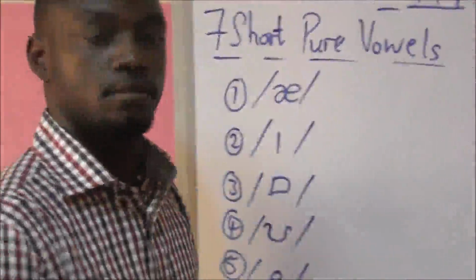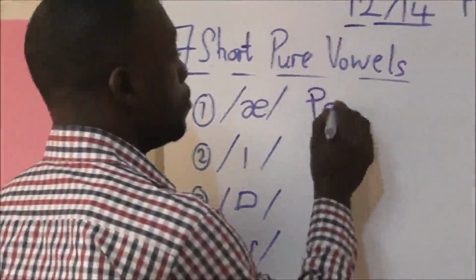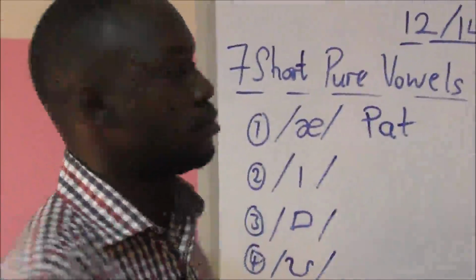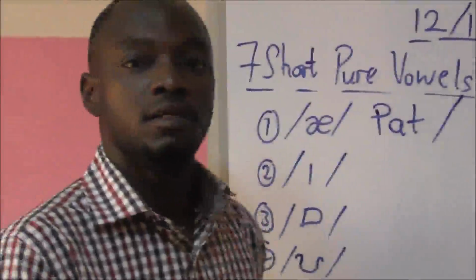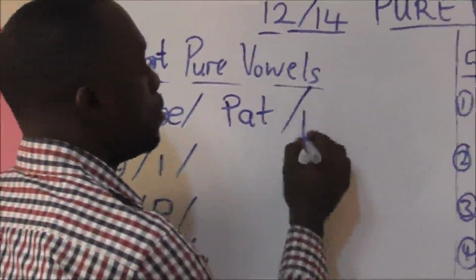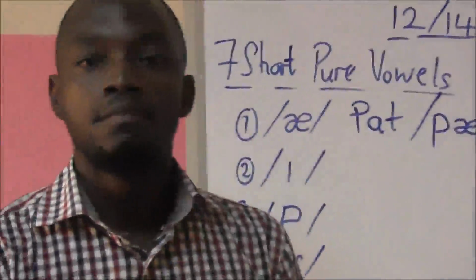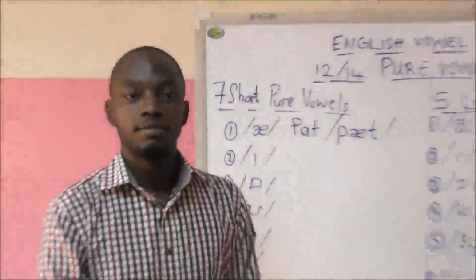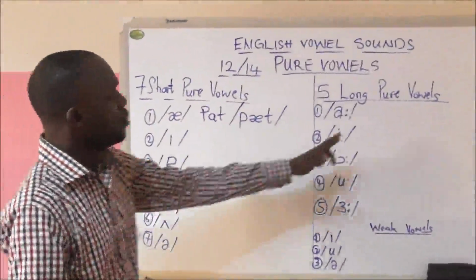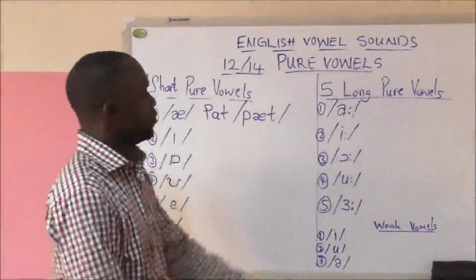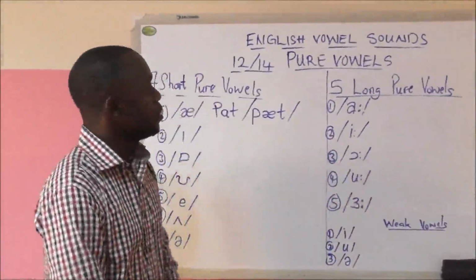pot. For example, pot. So, to transcribe it, it would be pot. Very easy, right? Then the long version. We need a word for the long version.